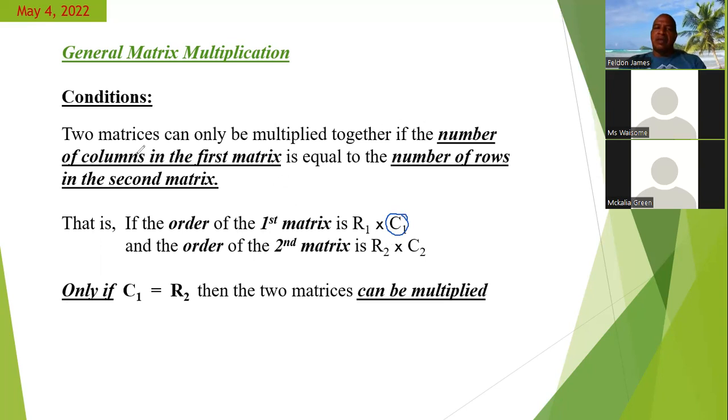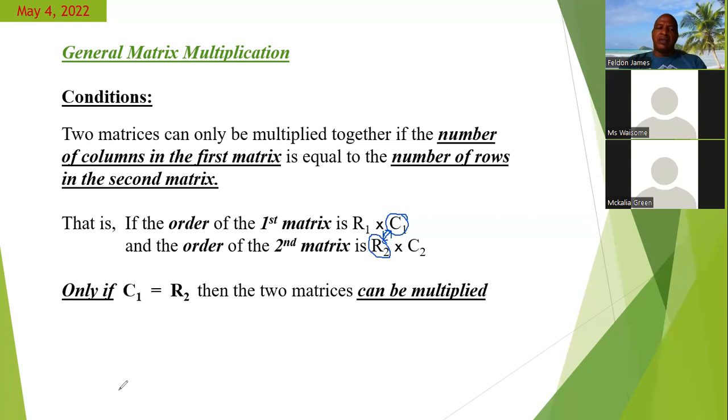So the number of columns in the first matrix must equal the number of rows in the second matrix. You have to look at these two values and ensure that the two of them are the same before you can multiply the matrices.